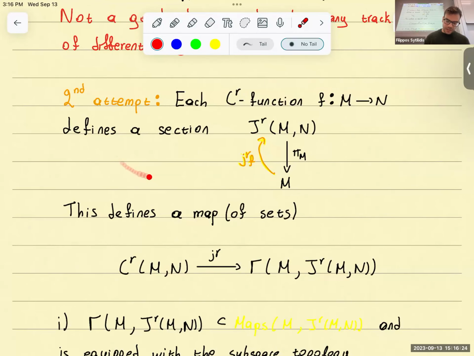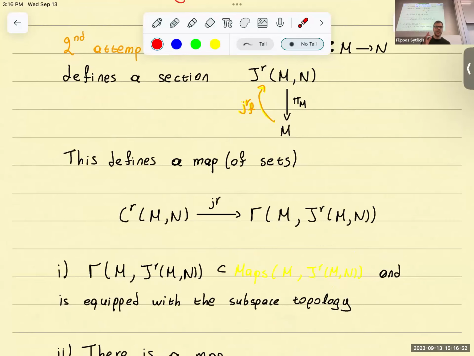So what this defines for us is a map of sets, for now, because I haven't told you anything about the topology here. So I have a map of sets from the C^r functions from M to N to the space of sections of this fiber bundle.